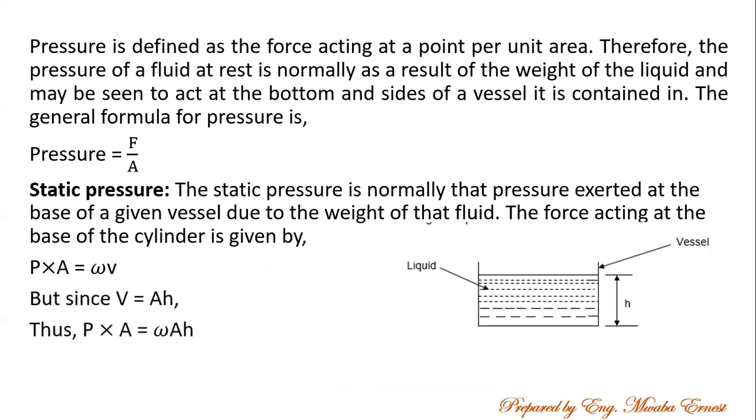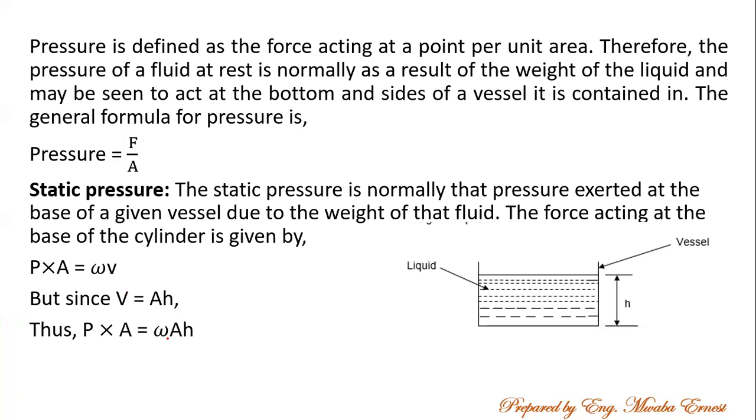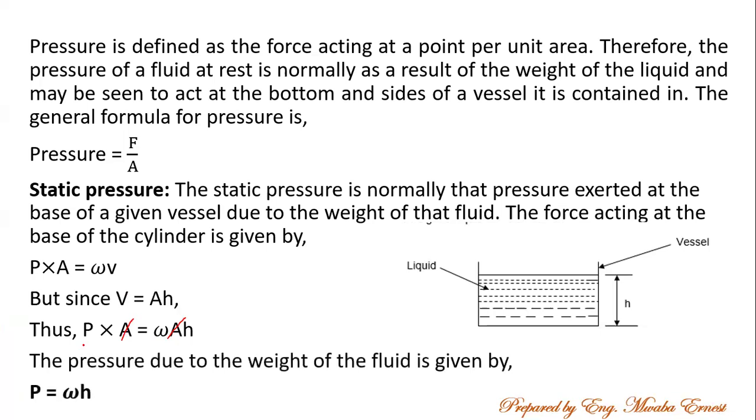So putting it back in the formula, you have pressure times area being equal to specific weight multiplied by area times height. Already when you check, you can see that the area is common on both sides. So we can now make pressure the subject of the formula. So then our pressure is specific weight times height, omega times height.